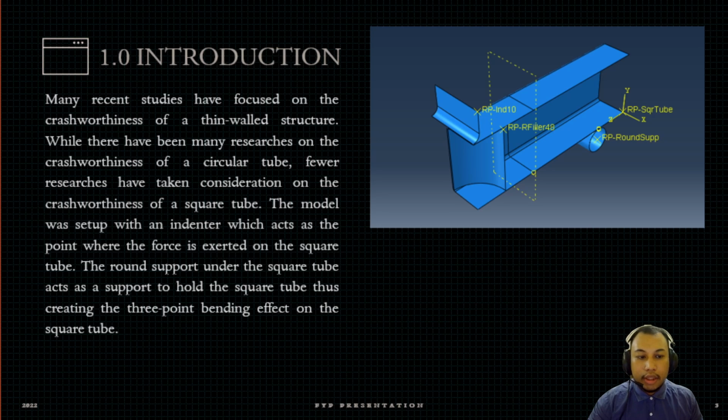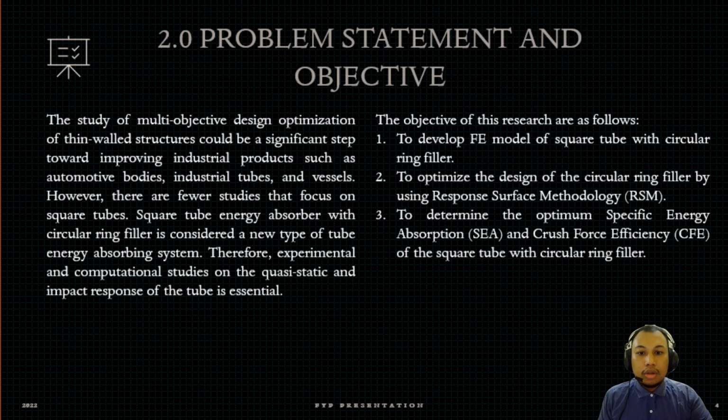As we can see in the figure, this is a quarter model of a square tube with an indenter at the top and support under the square tube, which will simulate a 3-point bending effect on the square tube using Abaqus software.